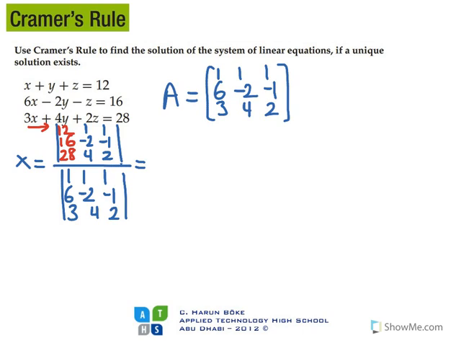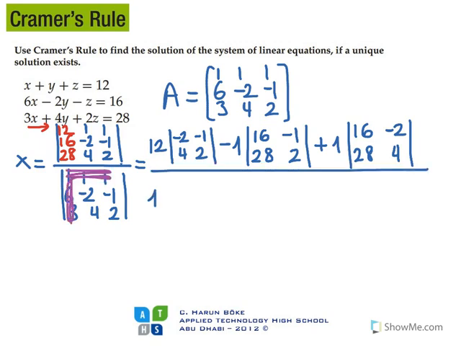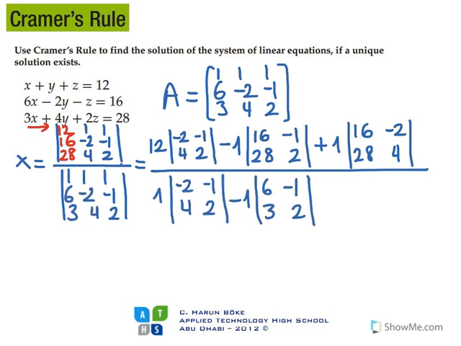So it will be 12 times this determinant and minus 1 times this determinant plus 1 times this determinant. So the idea is the same for the determinant at the bottom. 1 times this matrix minus 1 times this matrix plus 1 times this matrix.